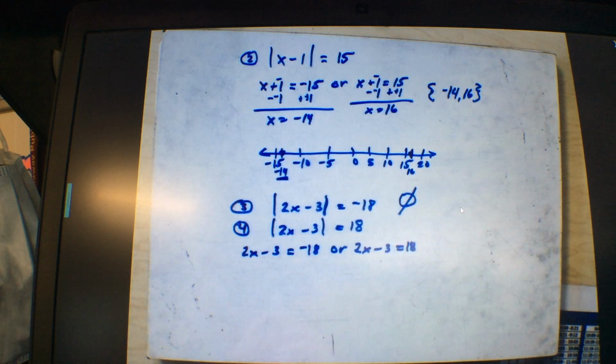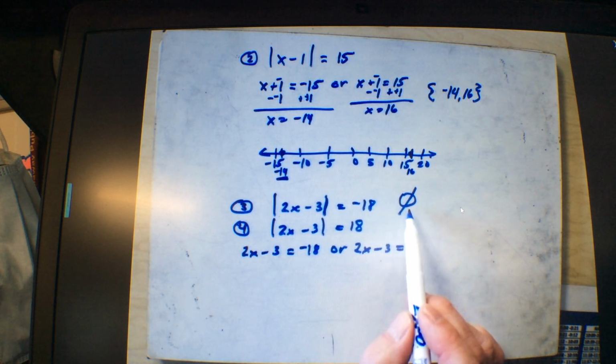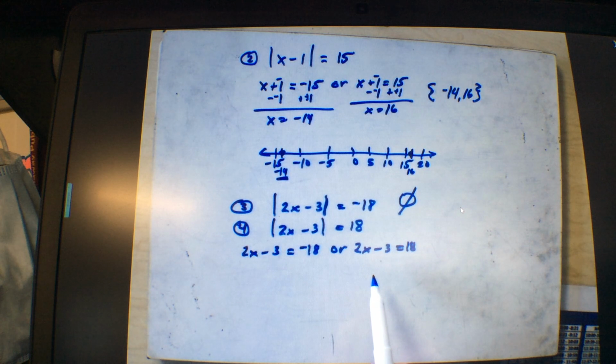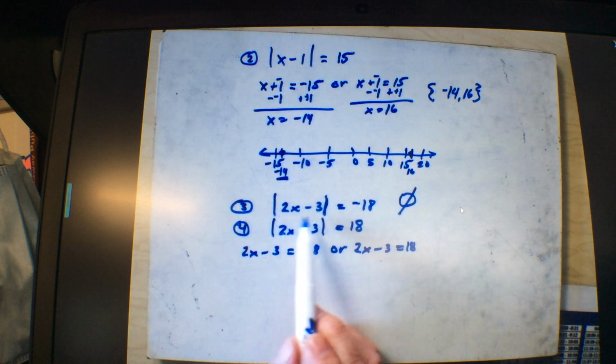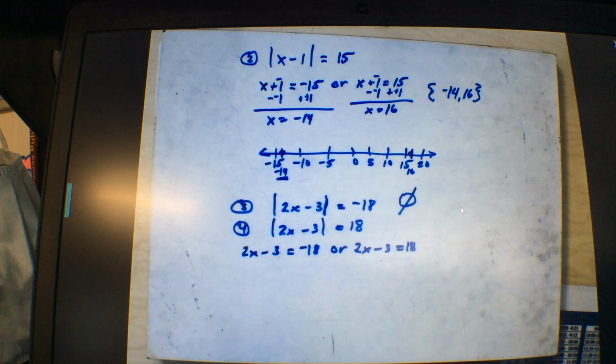Jackson, you see how this one was no solution, but this one's possible, right? So basically, if the absolute value is by itself and it equals a negative number, you're right. It's no solution. Okay? You got it?